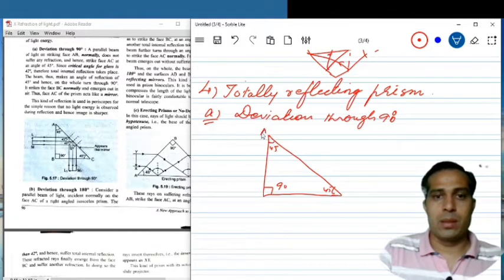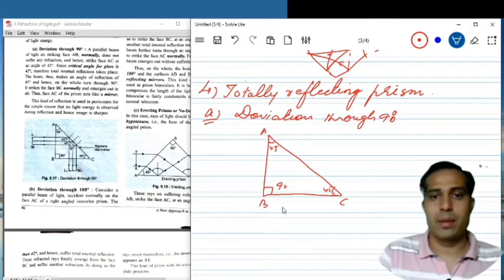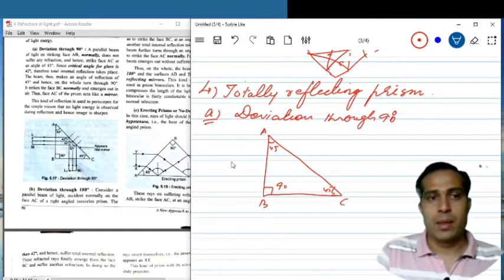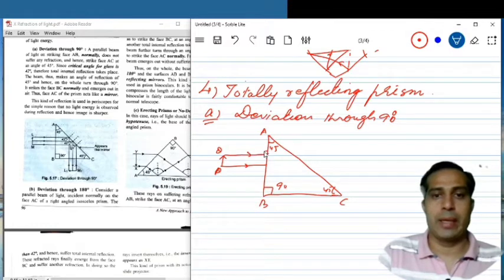Suppose these are the surfaces AB, BC and AC. These are the refracting surfaces. When the ray of light, suppose there is an object PQ, the ray of light is traveling from this object and falls normally on this surface. Normally means at 90 degrees.